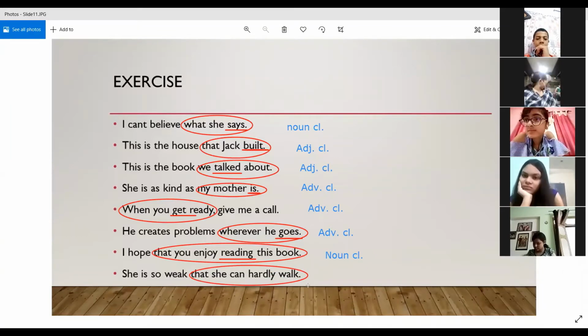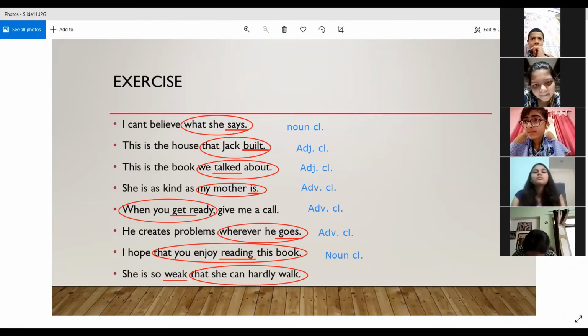And you know that an adverb can modify an adjective also. Over here, the weak part is in focus, and weak is an adjective, but there is no problem. An adverb can modify a verb, an adjective, and an adverb itself. So she is weak, this is her quality, and now we are being told the result of that. So that she can hardly walk is the result.